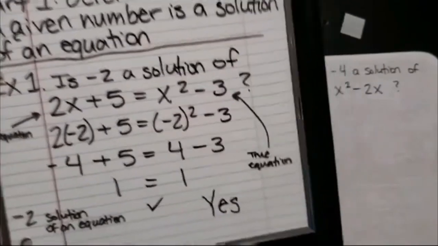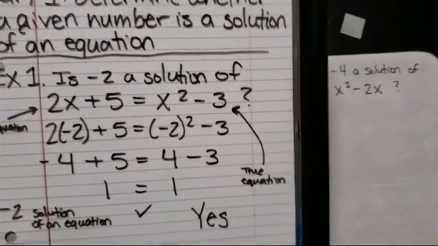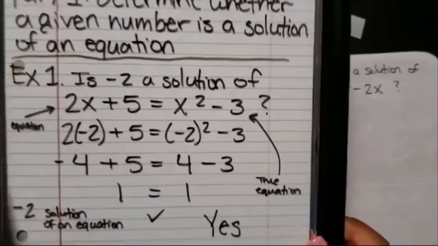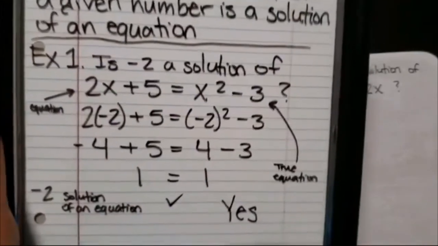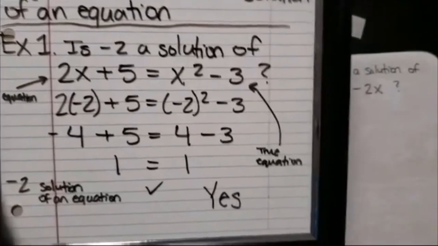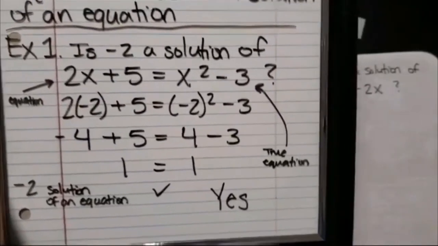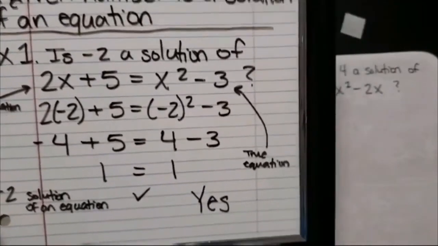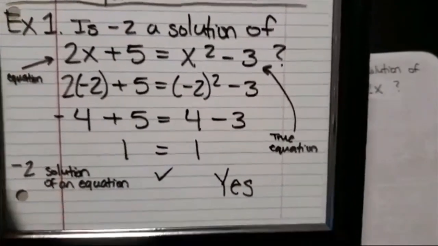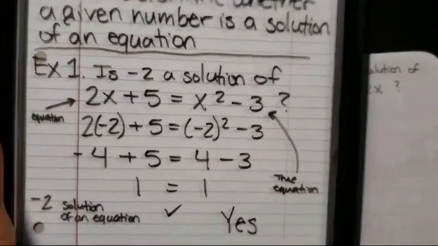So since a true equation means that both sides of the equation equal, that means that whatever we do to one side of the equation, we have to do to the other side of the equation. So if we add 3 to one side, we have to add 3 to the other side, because we have to always keep both sides of the equation equal.